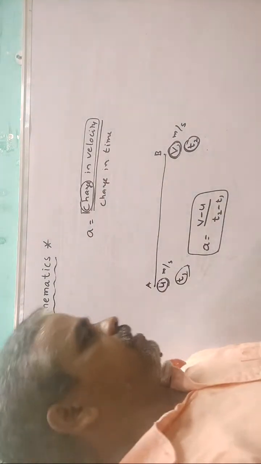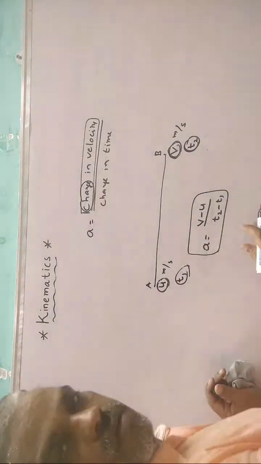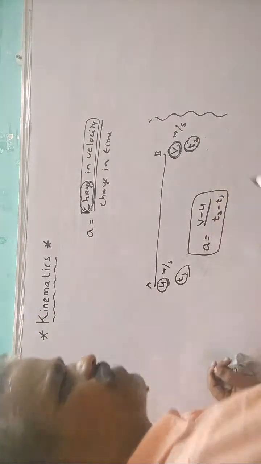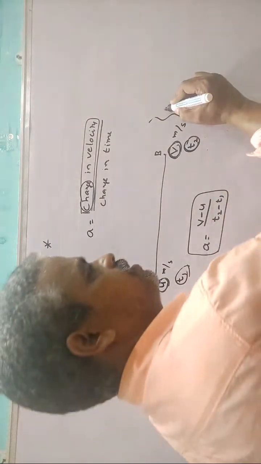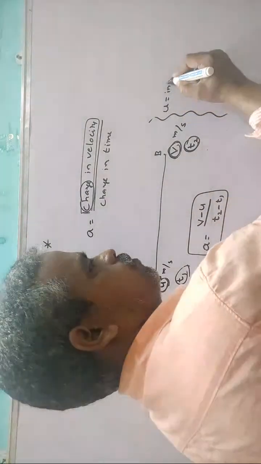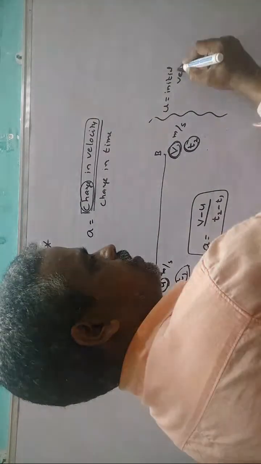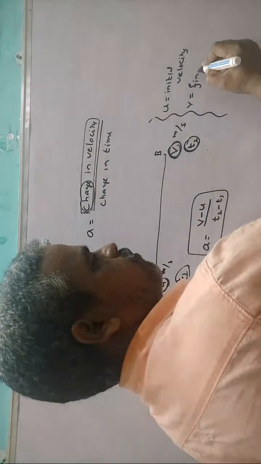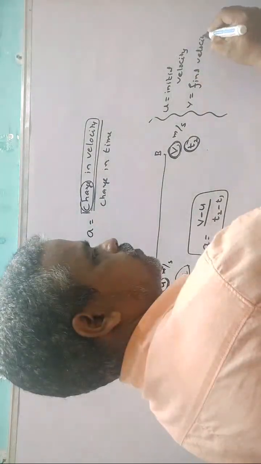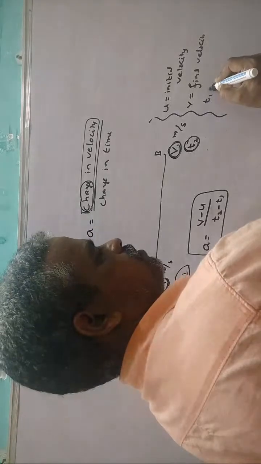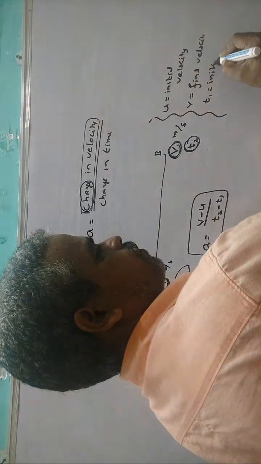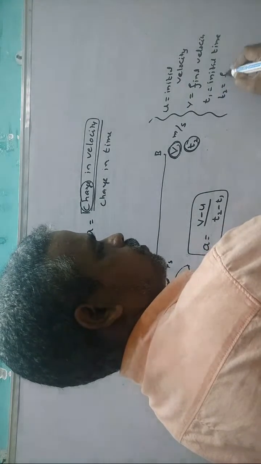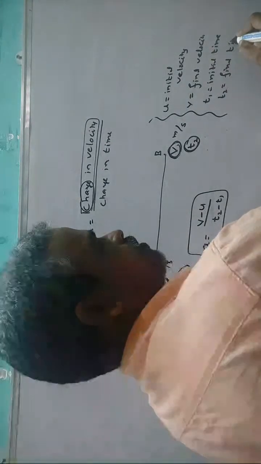Okay, here you just write this, because after some days you may forget what v is and what u is. That's why I am writing here: u equal to initial velocity, v equal to final velocity, T1 initial time, T2 final time.